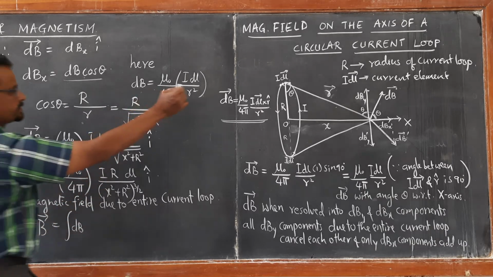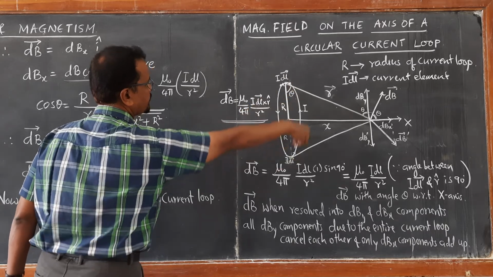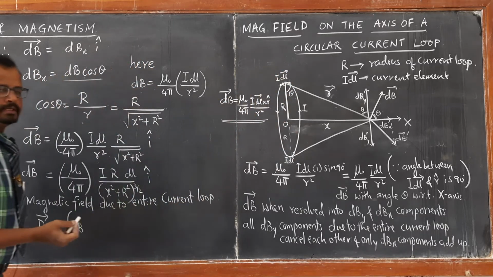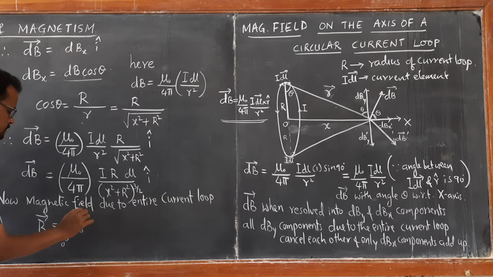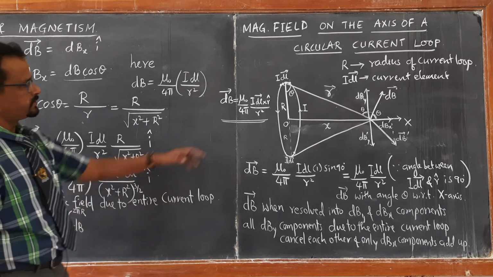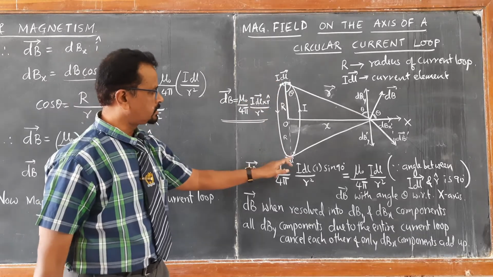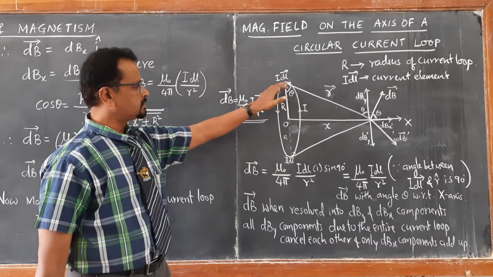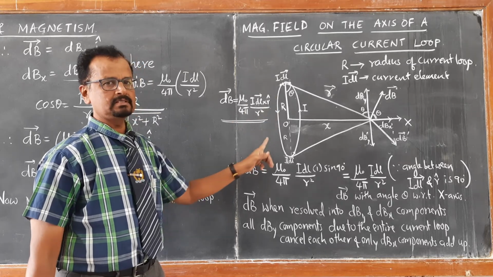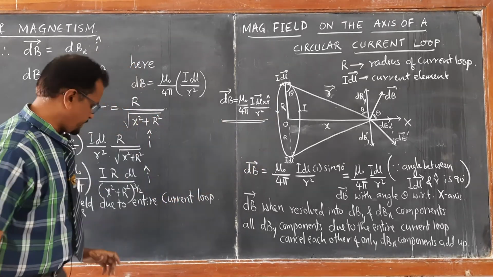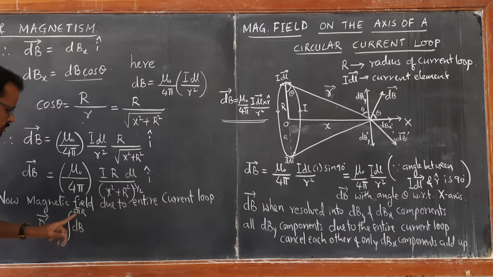If you take this point as 0 and come back to this same point, it is going to be 0 to 2 pi R. If you take this point as 0, when you take one complete cycle, the total length of this current loop becomes the circumference of this circular loop, which is 2 pi R. So 0 to 2 pi R.